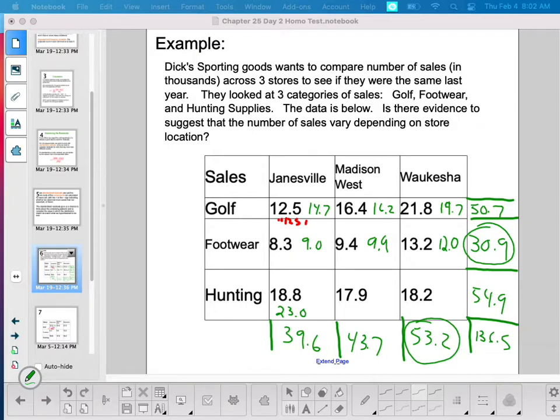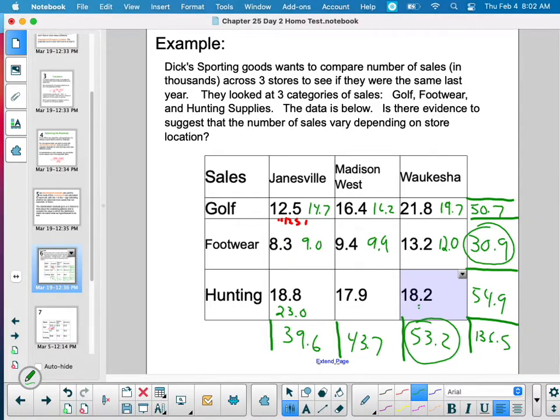Taylor, do you have your number? I got 21.4.